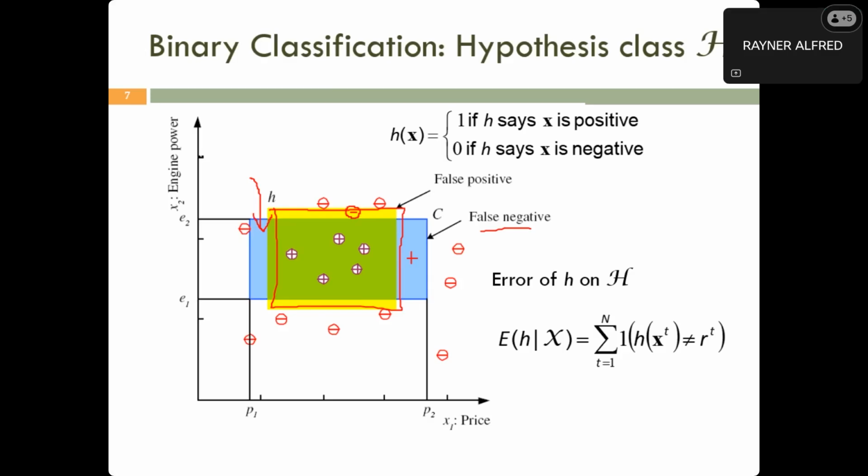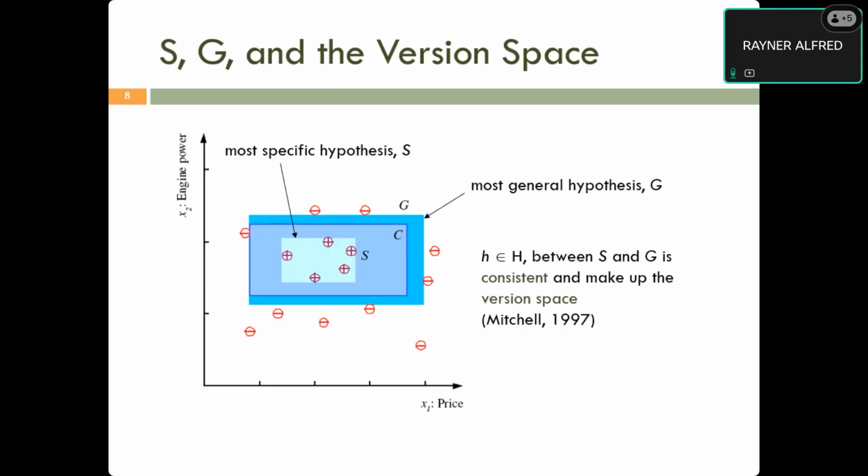Okay, and we can define this. So let's suppose yang blue tu, yang ada garis biru tu, ini yang sebenarnya. Tapi the model can say I can go as specific as this. So this is very specific.